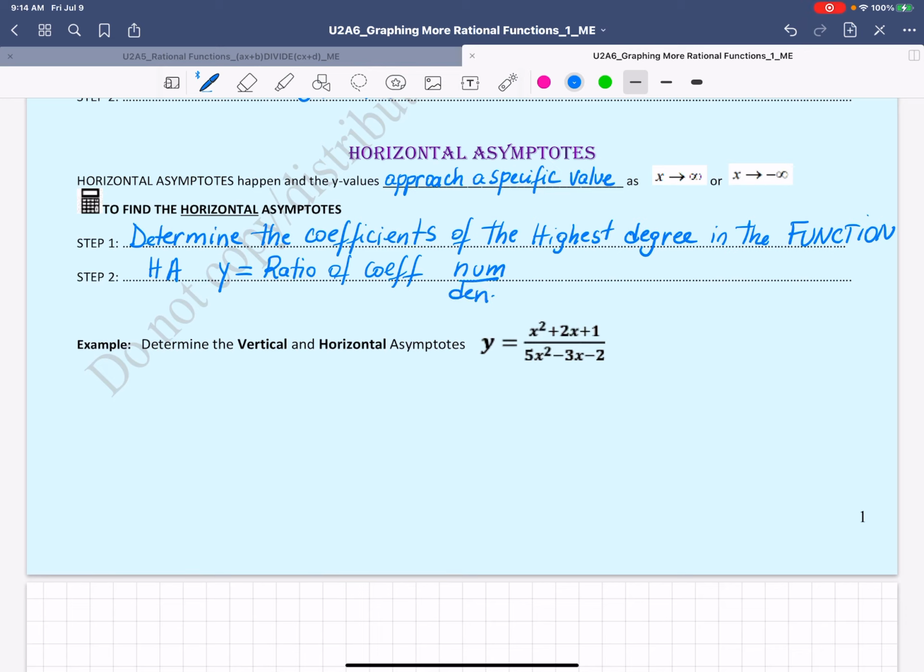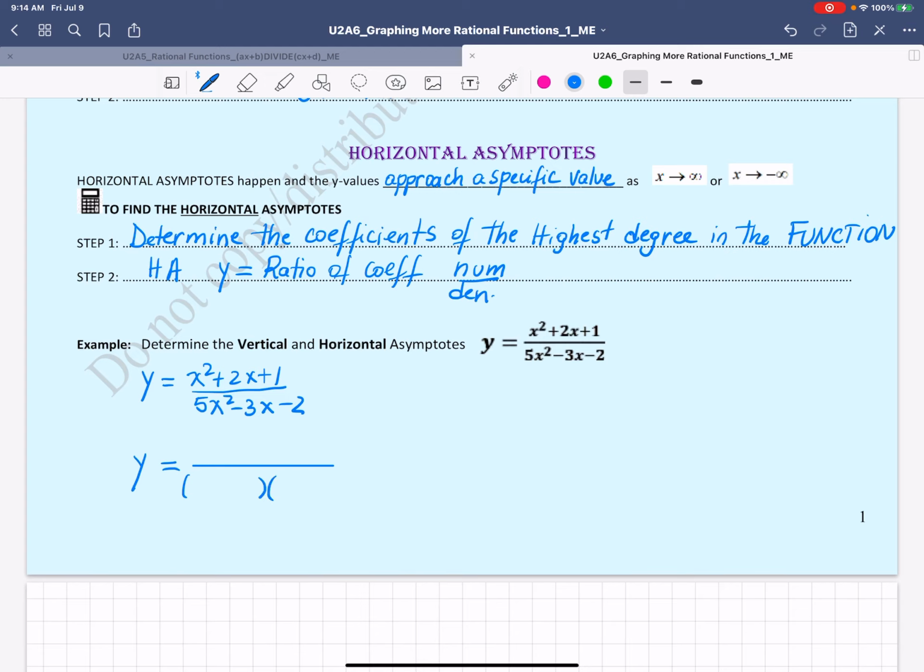So let's get started with an example where we can illustrate all of this. So we have y equals x squared plus 2x plus 1 divided by 5x squared minus 3x minus 2. So to find the vertical asymptote, I will need to factor the denominator, which I will do right now.